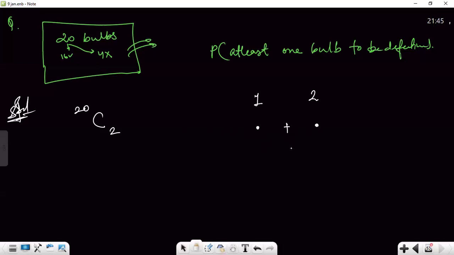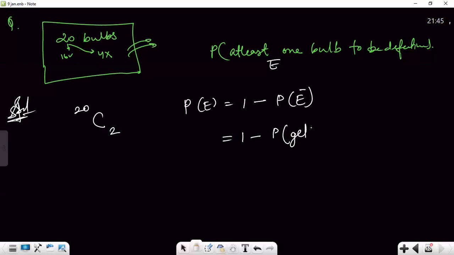So instead of finding both cases, we can go around. The probability of this event, let's call it E, can be written as 1 minus P of E bar, the probability of getting no bulbs defective.